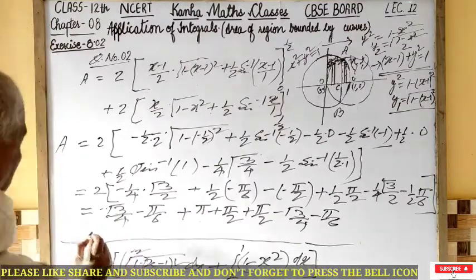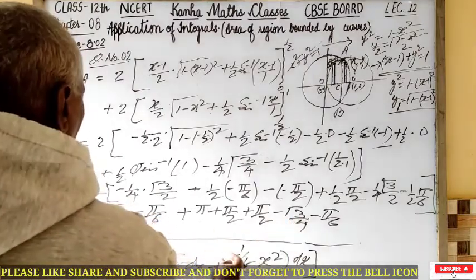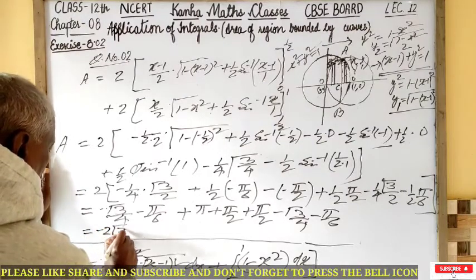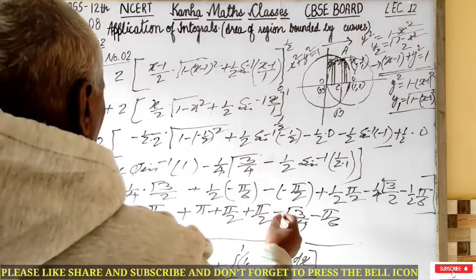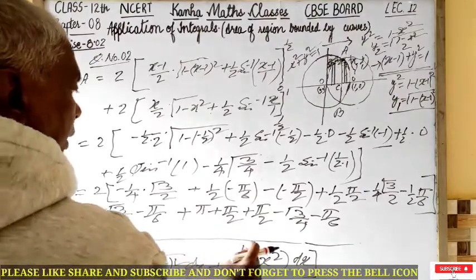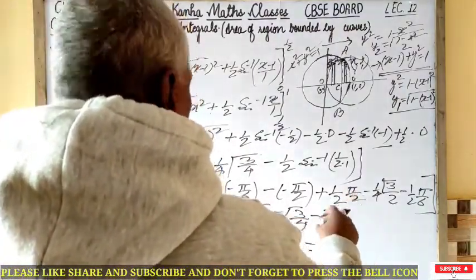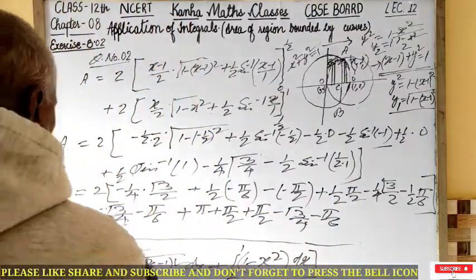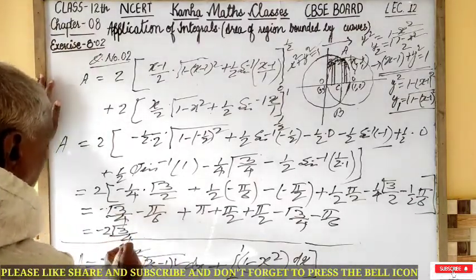Here we will have minus 3 by 4 and minus 3 by 4 is equal to minus 2 root 3 by 4.